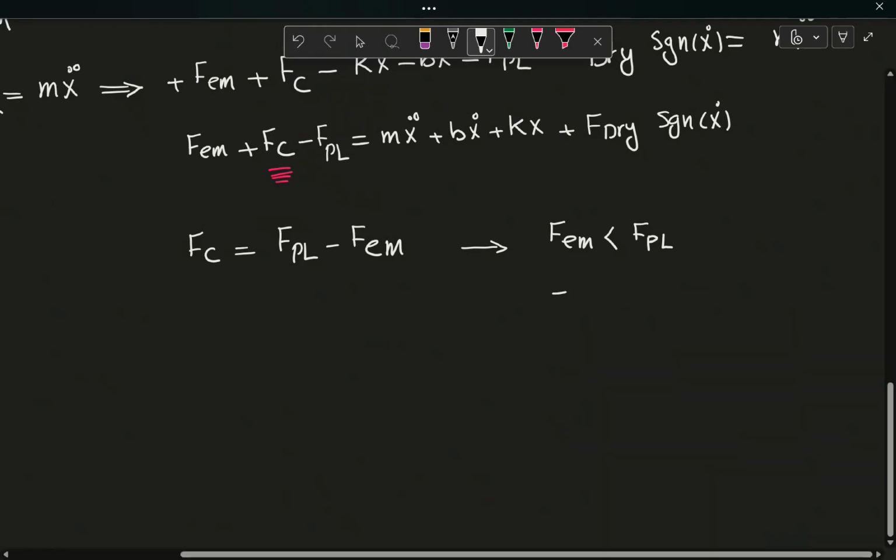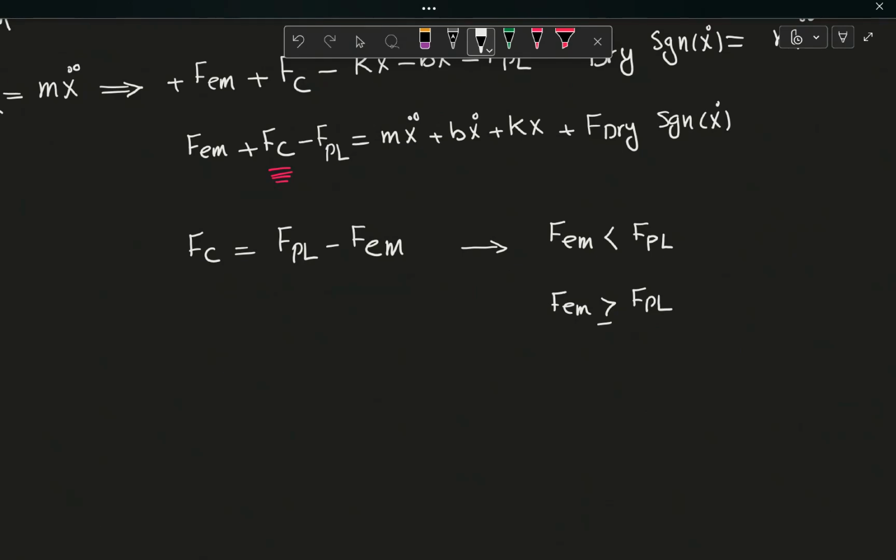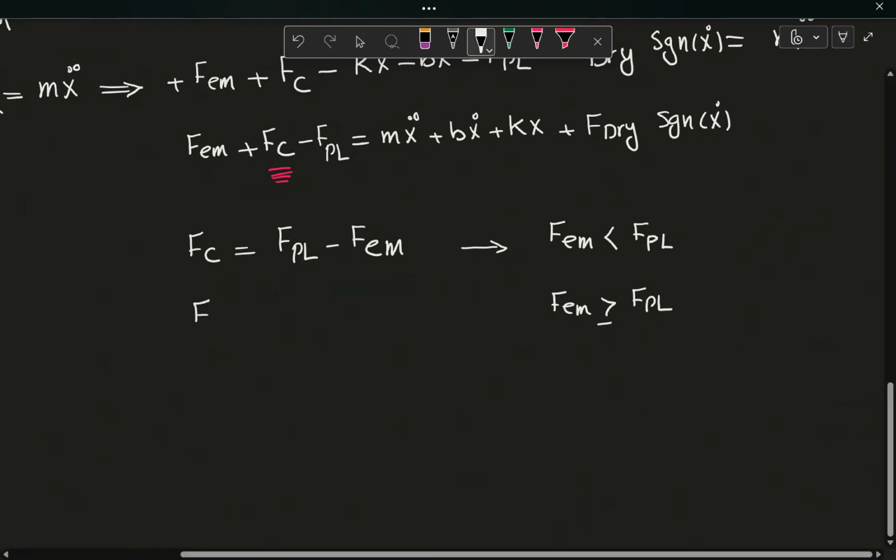However, anytime your FEM is greater than or equal to FPL, you overcome the preload, you start the motion, and the FC would disappear. This is the behavior that we have for FC.